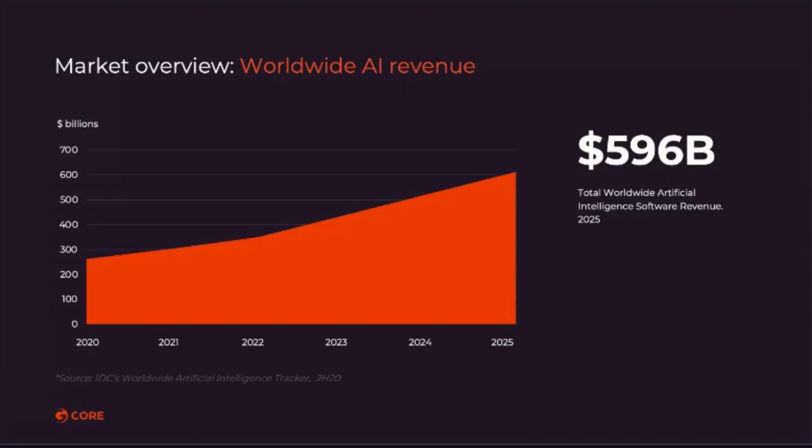The total worldwide artificial intelligence software revenue will equal $596 billion in 2025, and the healthcare part will equal $22 billion in 2025.